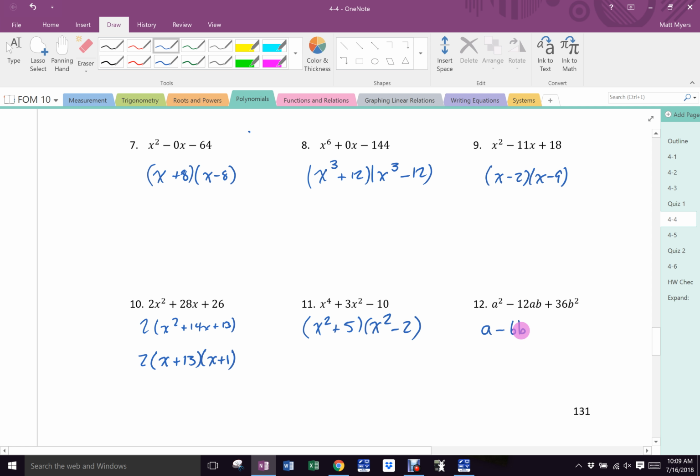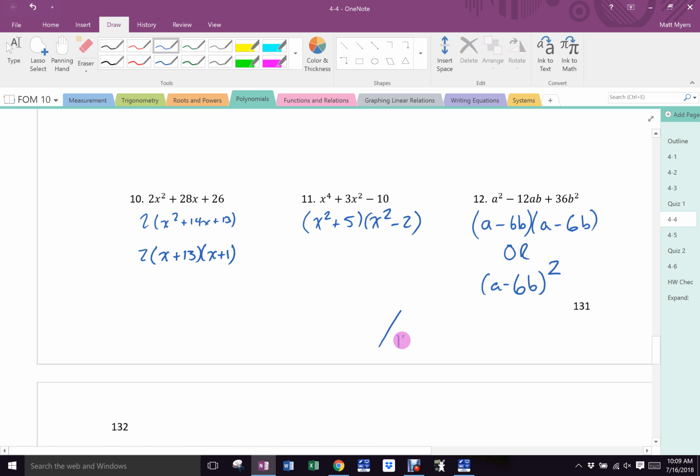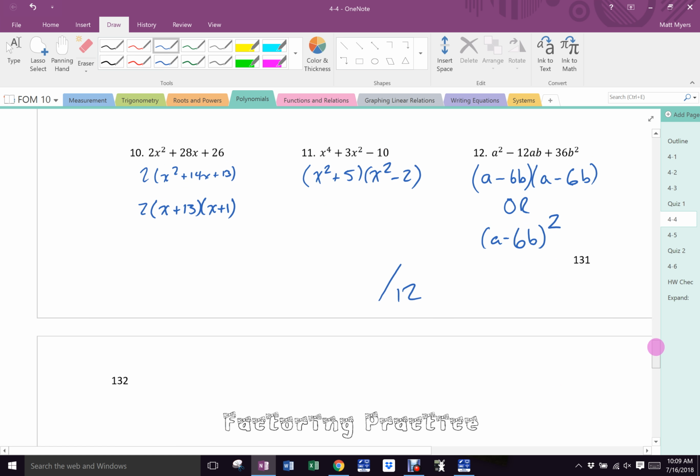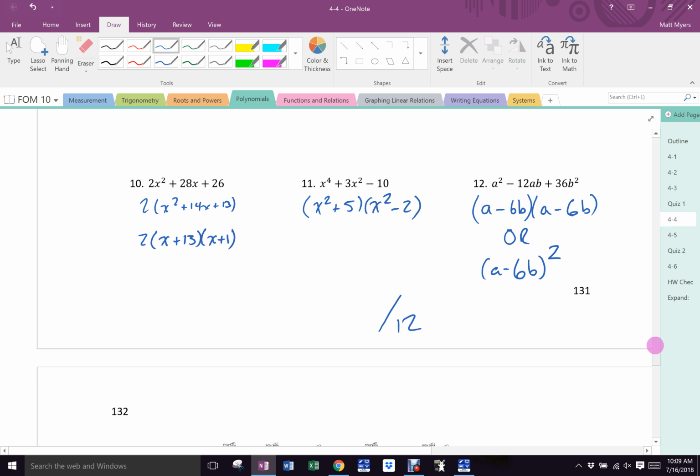That looks like bb, but it's 6b. And then you could have written it like this, a minus 6b, or better, a minus 6b squared. I'll accept them both. That page is out of 12. Yeah? That's the assignment.